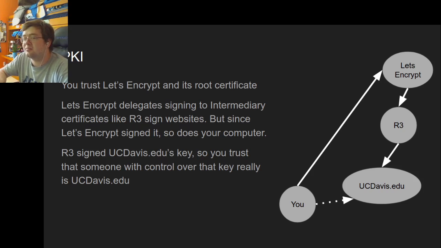But UC Davis asks nicely, hey, Let's Encrypt, can you please give me a certificate? We're going to look a little bit at how this works. But because R3 has signed UC Davis and Let's Encrypt has signed R3, and we trust Let's Encrypt, we should trust that UC Davis is who they say they are when they provide us that key that's been signed as it is.